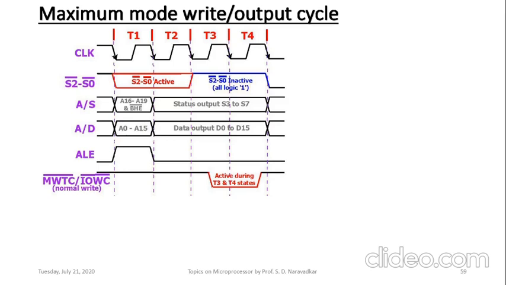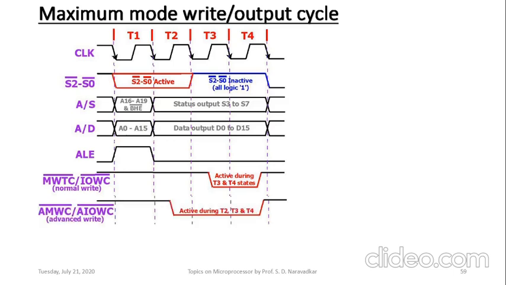In case of advanced write, what happens here? It is clearly shown in this particular diagram. Advanced memory write command or advanced IO write command signals. These are the advanced write signals here, which are active one clock cycle earlier. That means somewhere in T2 that signal will be active, T2, T3 and T4 state. And towards the end of T4 state here that signal will become inactive.